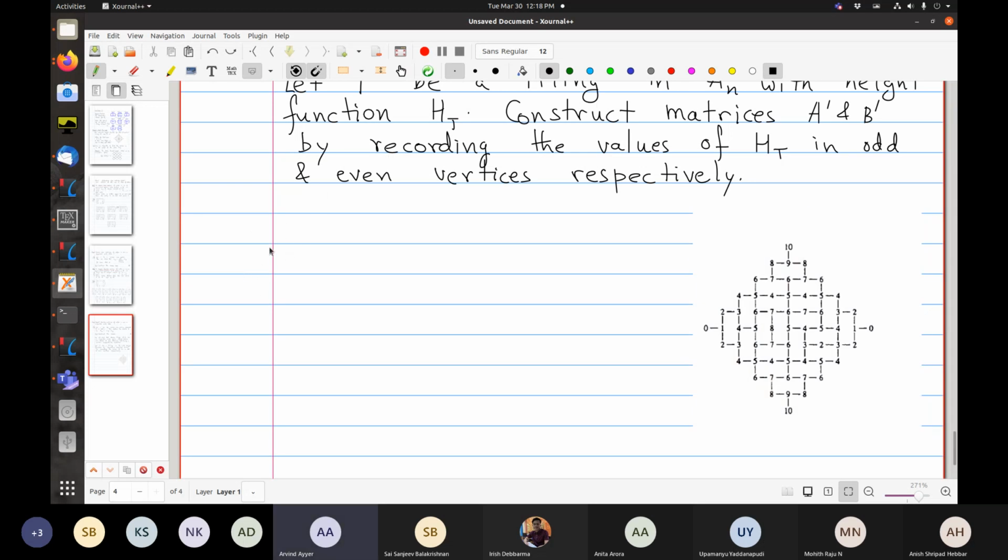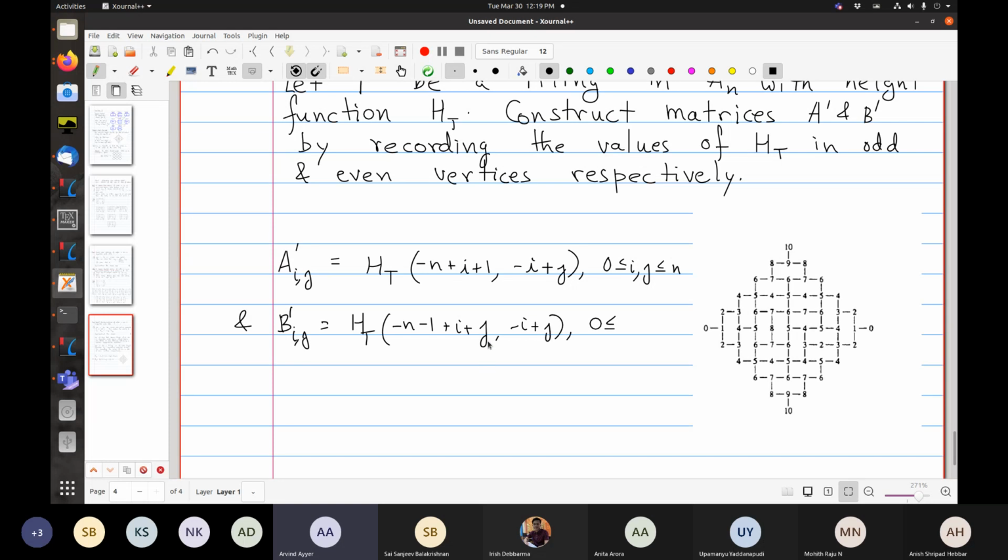So A prime ij is the height, remember, of the odd vertices. So it's minus n plus i plus 1 minus i plus j for 0 less than or equal to i, j less than or equal to 2. And B prime ij is the height of minus n minus 1 plus i plus j minus i plus j.